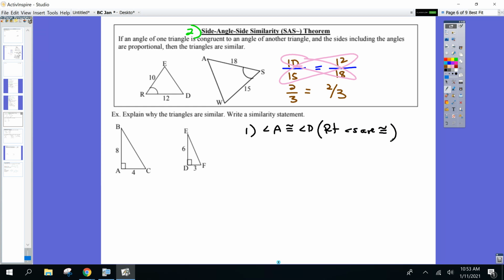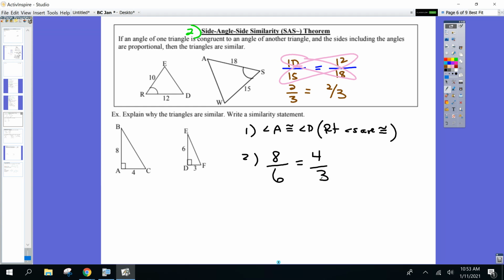So there's my angle. Now, if this is going to be side angle side, those sides should be in the same ratio. So 8 over 6 should be in the same ratio as 4 over 3. And I do want to make sure I make this point: that's not the only ratio that's correct.